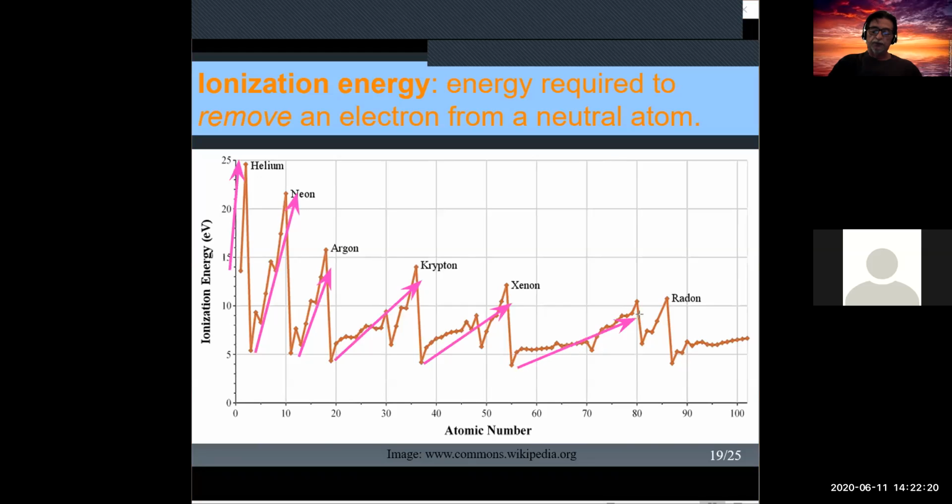Because as we go down to the fourth, fifth, sixth, and seventh period, the radius is much bigger. And so those valence electrons outside are not interacting very tightly with the nucleus. So yes, the trend still is greater as you go from left to right, but eventually that line will flatten out. So this is what this graph shows.